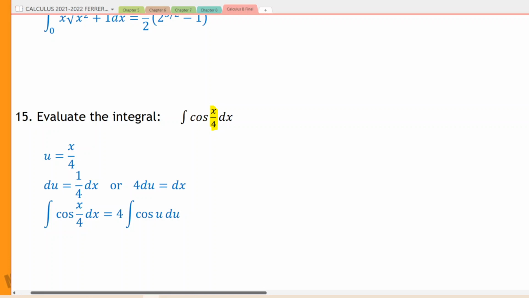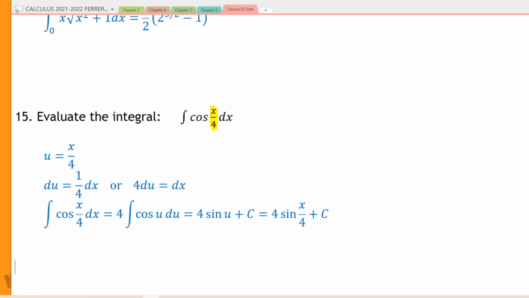Awesome. Now we just have a nice clean integral. The antiderivative of cosine u is sine u plus our constant. And then lastly, we can substitute u back. U is x over 4. And that just about does it with number 15.